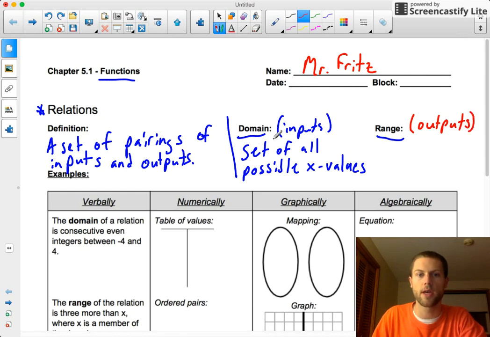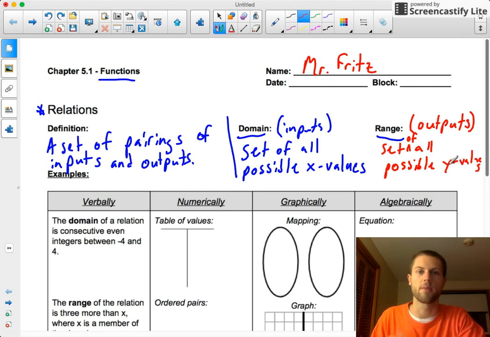And just like the domain is the set of all x values, the range will be the set of all possible y values. Well, you can kind of make sense of that there. So really, like I said, we've seen x's before, we've seen y's before. We might have called them inputs and outputs. So we're just going to attach this new word domain and range.